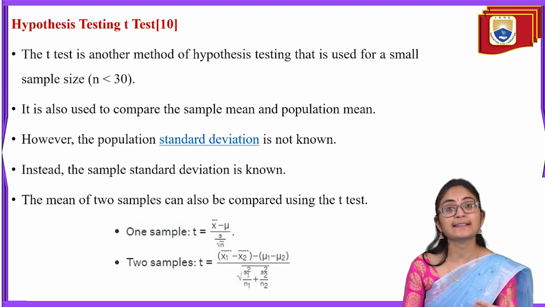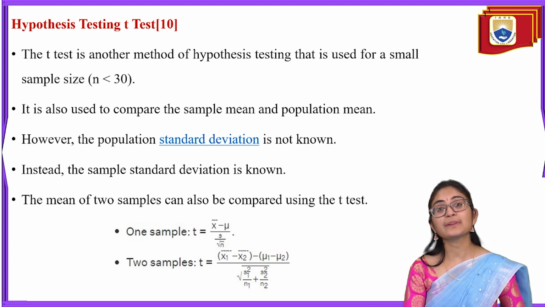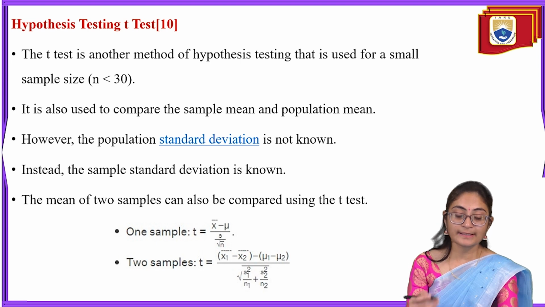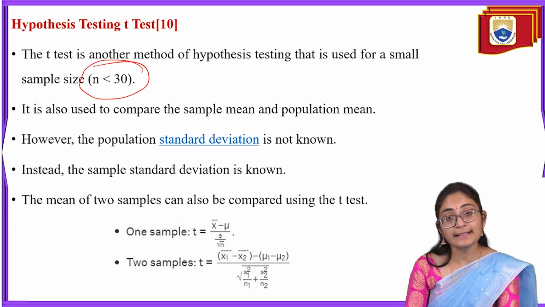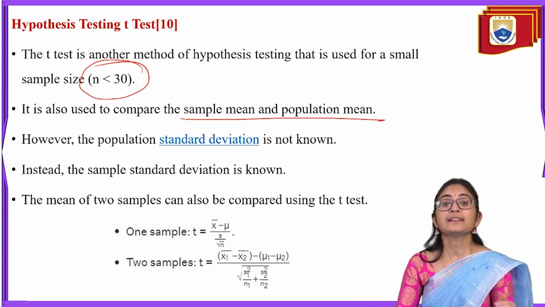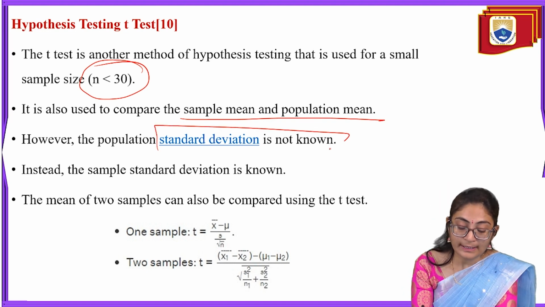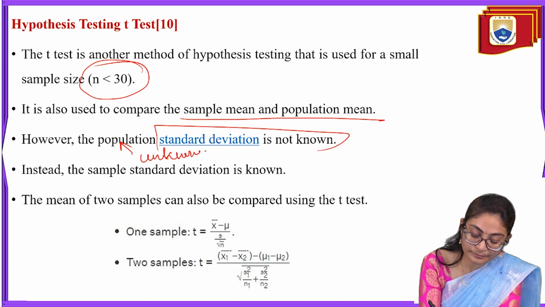Then hypothesis testing, T-test. The T-test is another method of hypothesis testing which is used for small sample size. That means the sample size will be n less than 30. It is used to compare the sample mean and the population mean. The population standard deviation is not known. That means the population parameter is unknown.